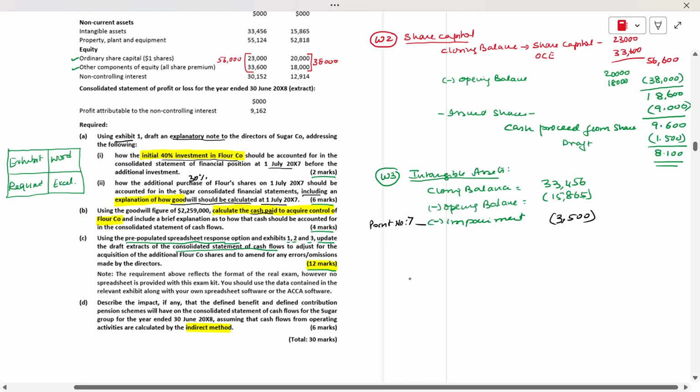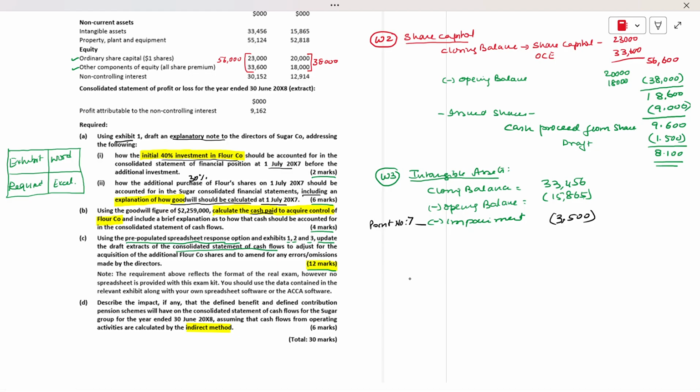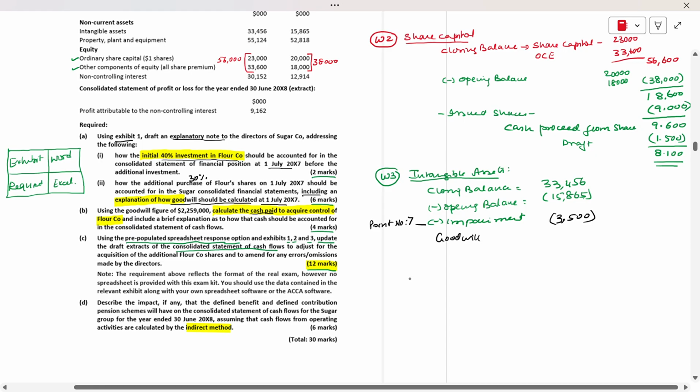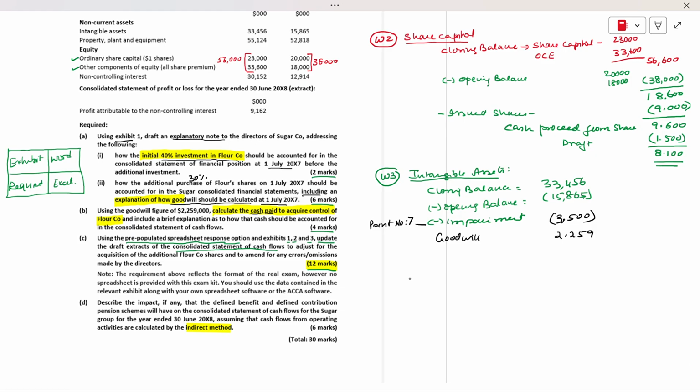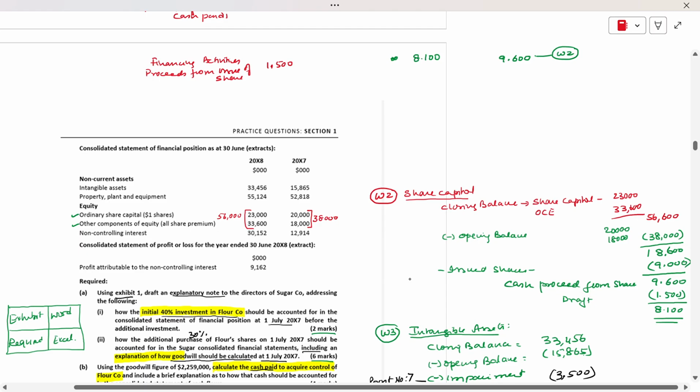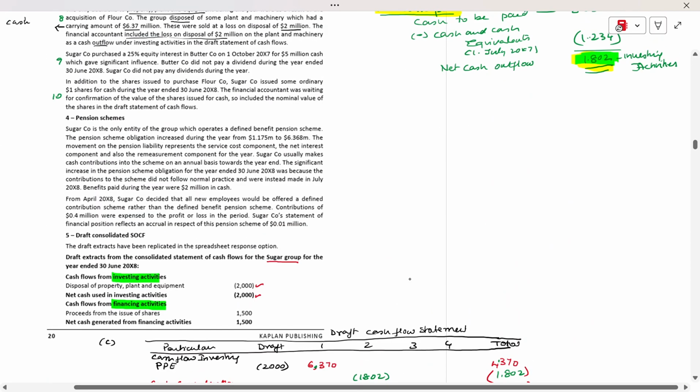Check. Goodwill is there. How much is the goodwill? Goodwill is already calculated, 2.259. Okay. Next, is there anything else? Read. Check.